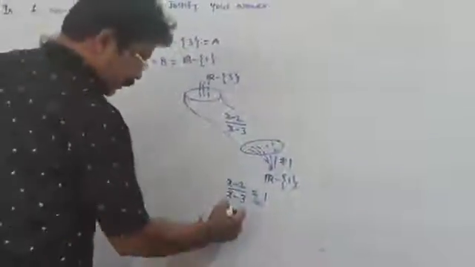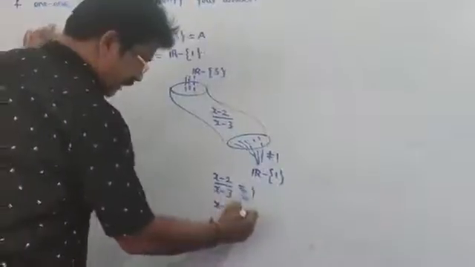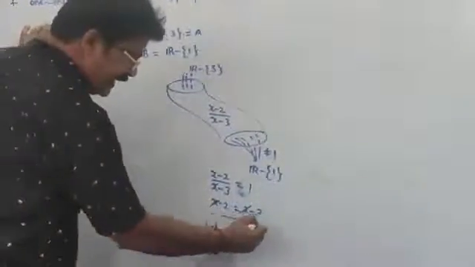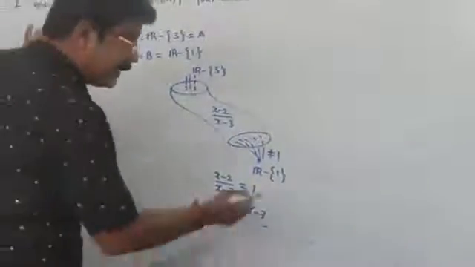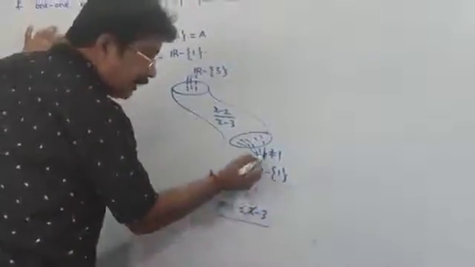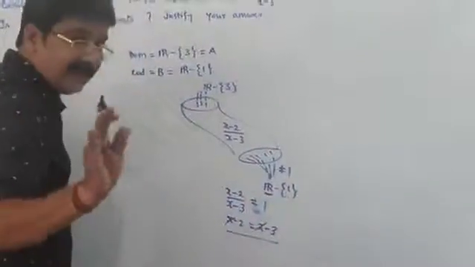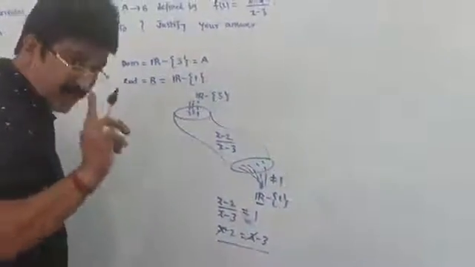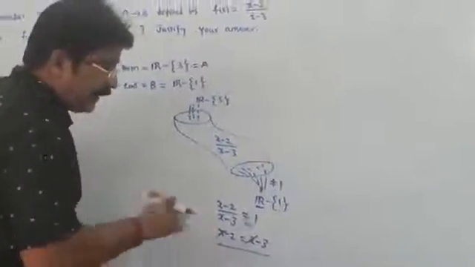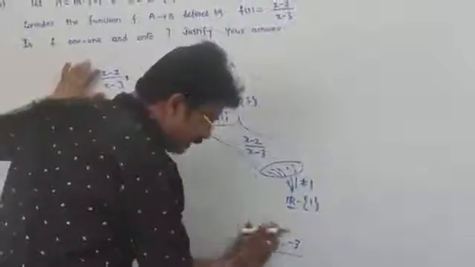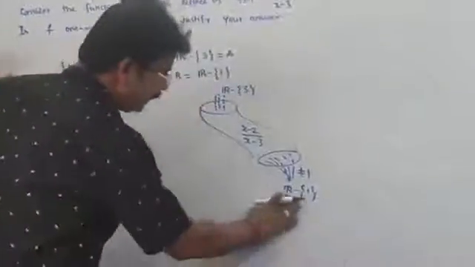Cross multiplication, x minus 2 equals x minus 3, so therefore it is meaningless. That's why the outcome is any real number except 1. So we are not getting the resultant value 1. We are getting any real number except 1. It is the complete meaning of the given function.